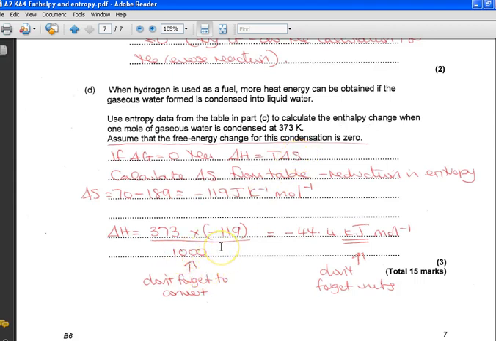But don't forget, enthalpy is in kilojoules per mole, so we need to divide the answer by 1,000 to give us kilojoules per mole. Do the calculation, and hey presto, here we are. Don't forget to put your units in again. There are no units written on this question for you to write your answer in, so you must put your units in yourself.